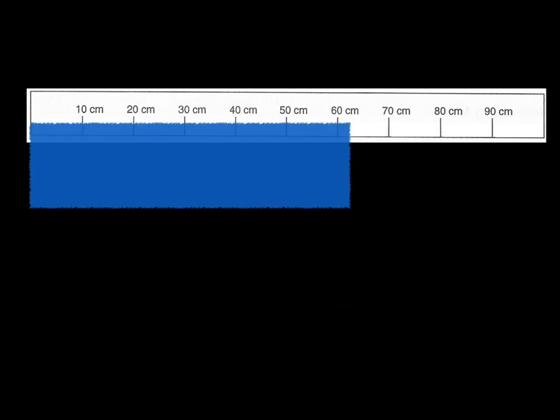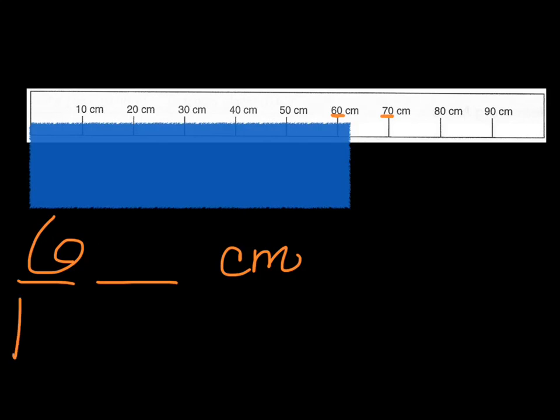I'll start with the ruler with less gradations. I'll first note that the cloth lies between the 60 and the 70 centimeter mark. So I know that the length of the cloth is going to be 60 something centimeters. I know it's going to be 60.